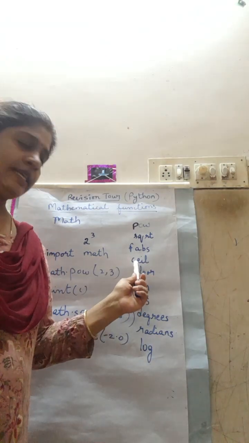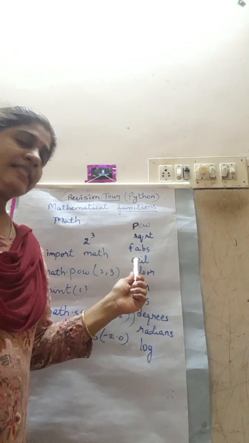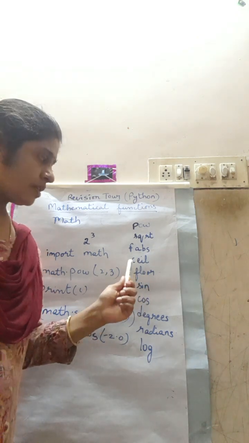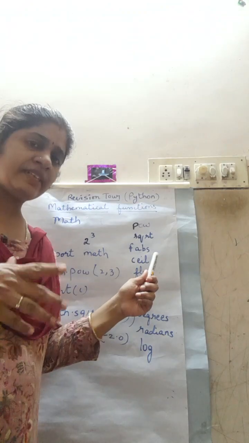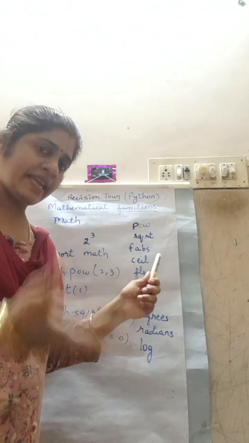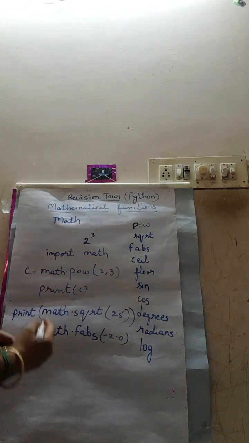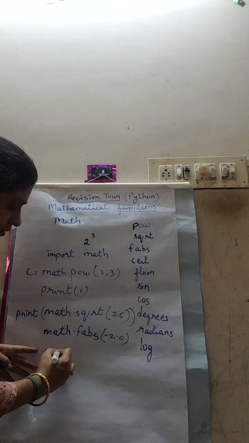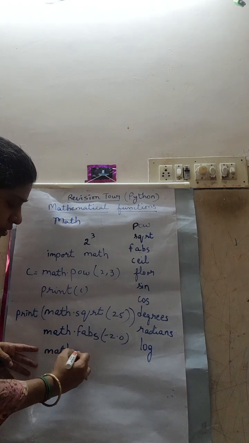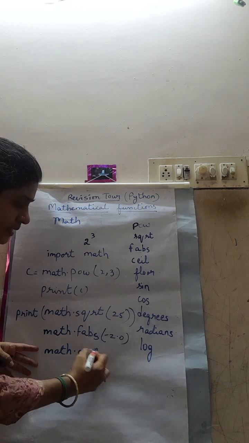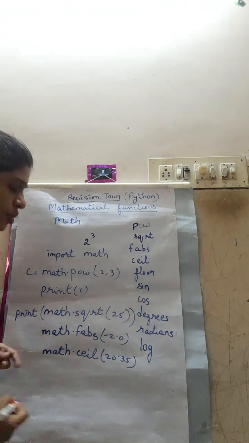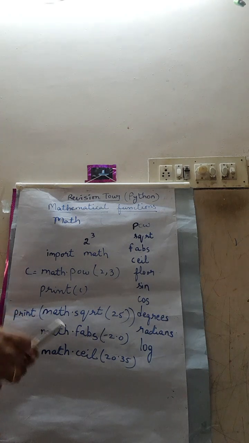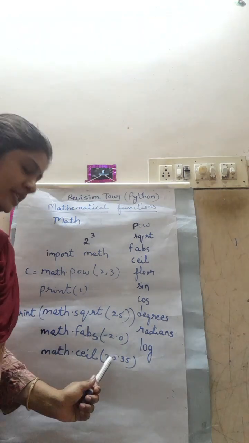Then ceil. What is ceil? The name itself says the higher value. Whatever value you pass in ceil, it will give you the next higher value. Suppose I write math dot ceil 20.35. What will be the answer?